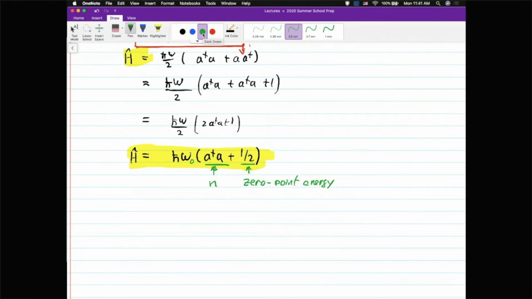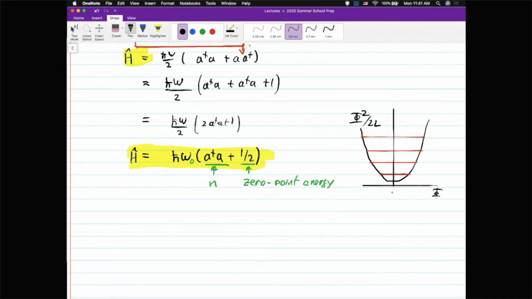Now, if you're wondering what is the value n, we saw that the energy potential of the classical harmonic oscillator looked like this. So the lowest energy you can have was some level in between here, which let's say I'll call some quantized energy level spacing like this, where this parabola represents the potential energy. So let's say phi squared over 2L, and on the horizontal axis here we have phi, the magnetic flux. And this is 0 magnetic flux, this is now some positive magnetic flux.